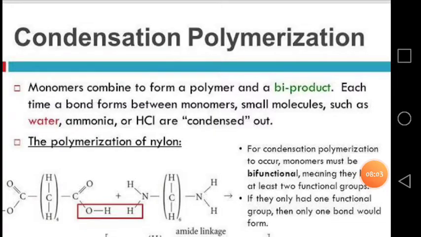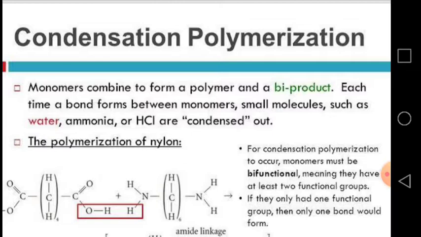Dear students, in condensation polymerization, when the monomers combine to form a polymer, a byproduct, a side product you can say, is always formed, and this side product may be water, ammonia or HCl. These byproducts are condensed out from the chemical reaction and we get the polymer.